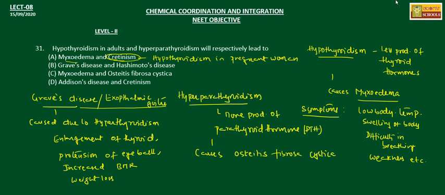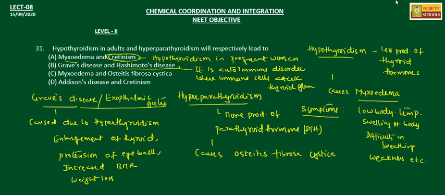Then Hashimoto's disease. This Hashimoto's disease is caused when the immune cells attack the thyroid gland. So it is an autoimmune disorder where immune cells attack the thyroid gland.